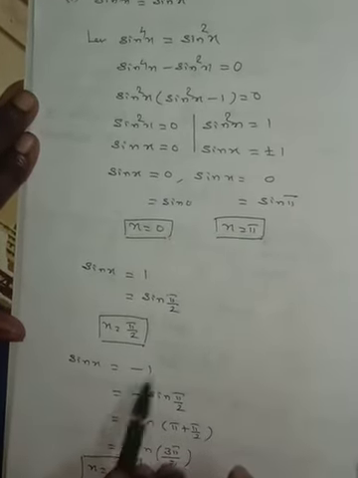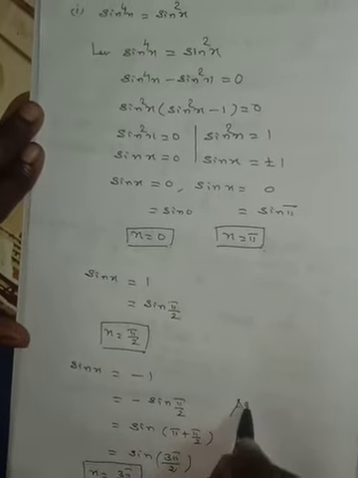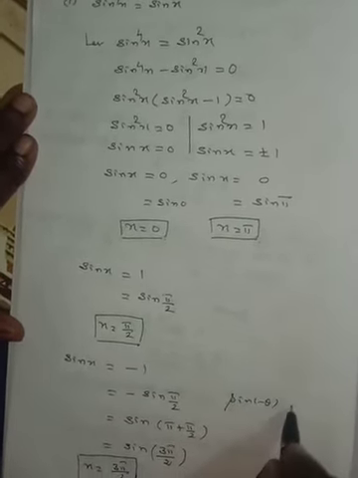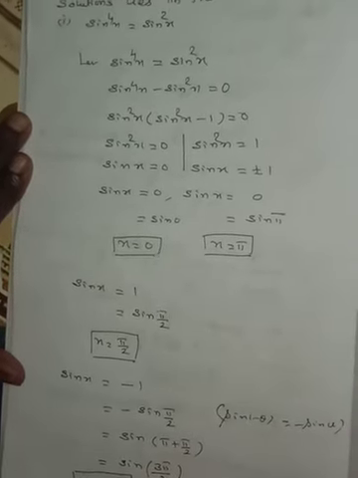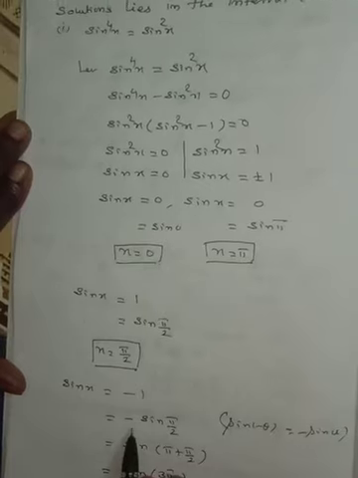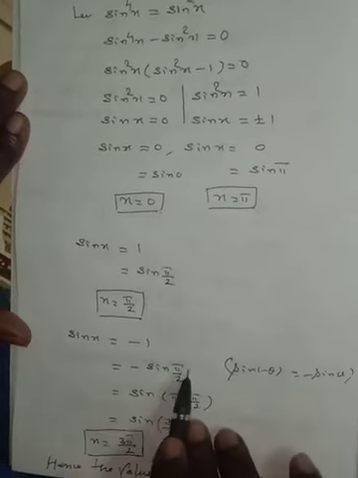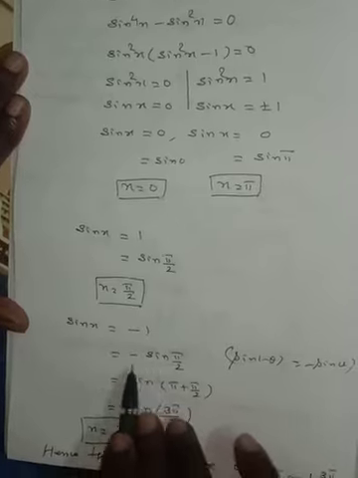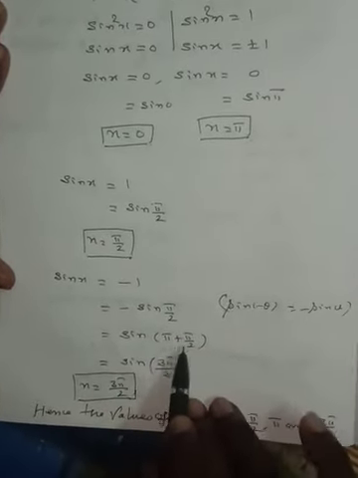Sin x is equal to minus 1. Then sin of minus theta is equal to minus sin theta. Therefore, minus sin pi by 2 means sin of minus pi by 2. So, this can be written as sin of pi plus pi by 2.